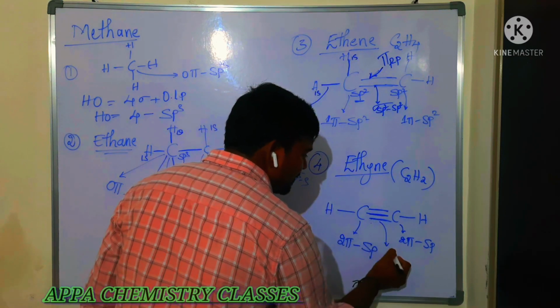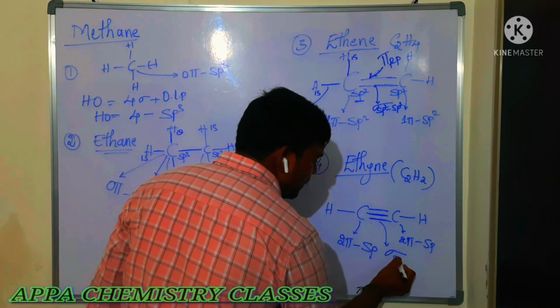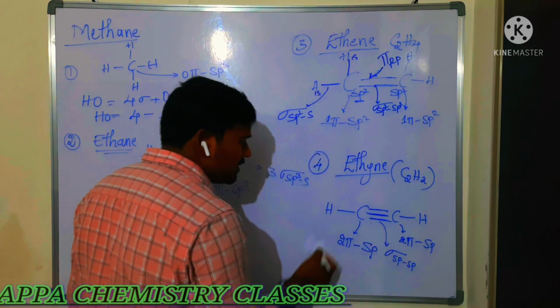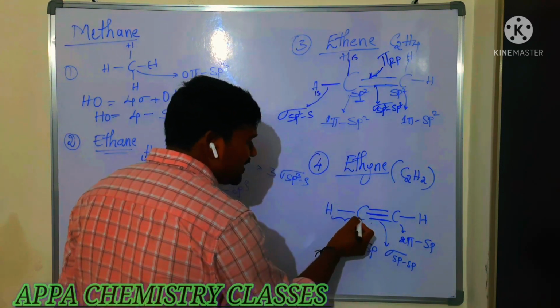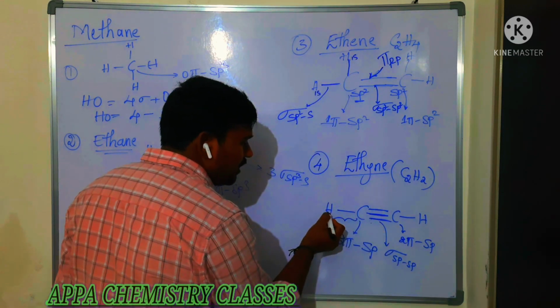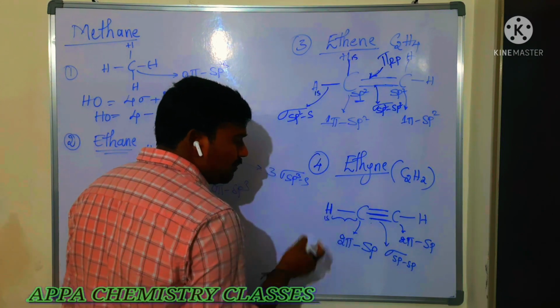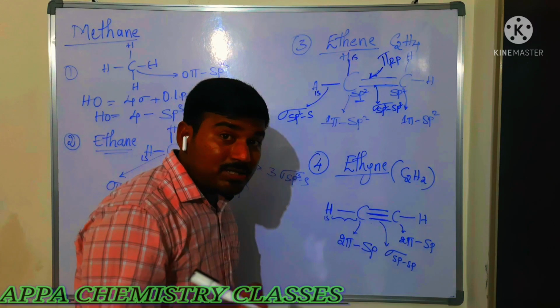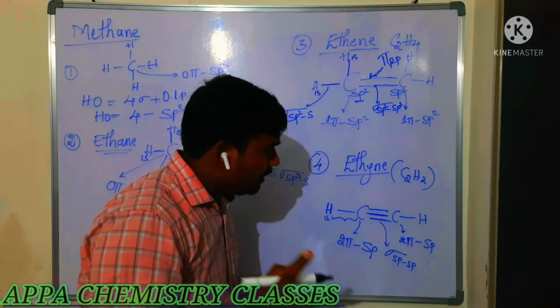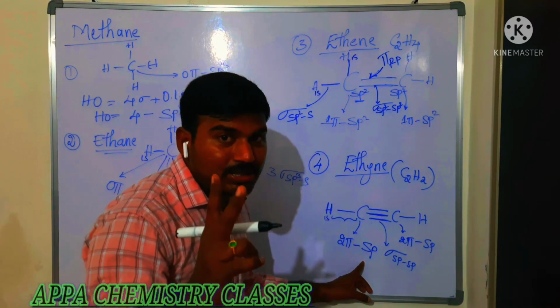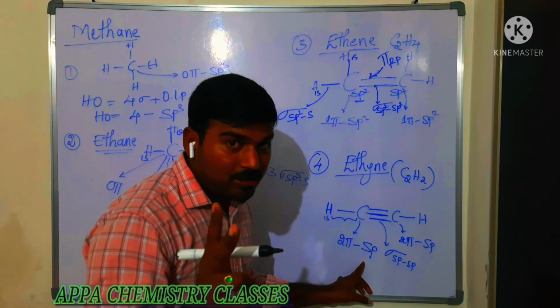Here, whatever the sigma bond which we are getting, sigma sp overlapping is there. So this bond is what? Sp orbital of this carbon is overlapping with s orbital of this hydrogen atom, because this carbon contains 2 sp orbitals. Sp hybridization, in the sense, 2 hybrid orbitals.